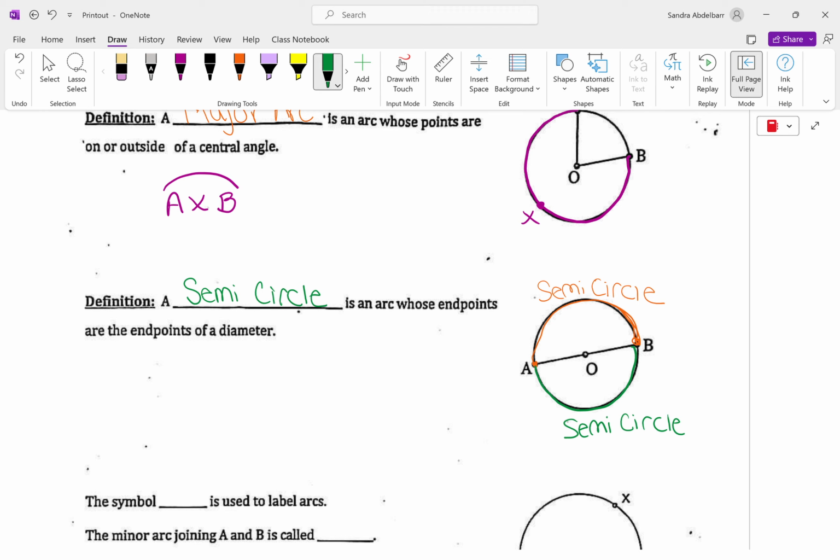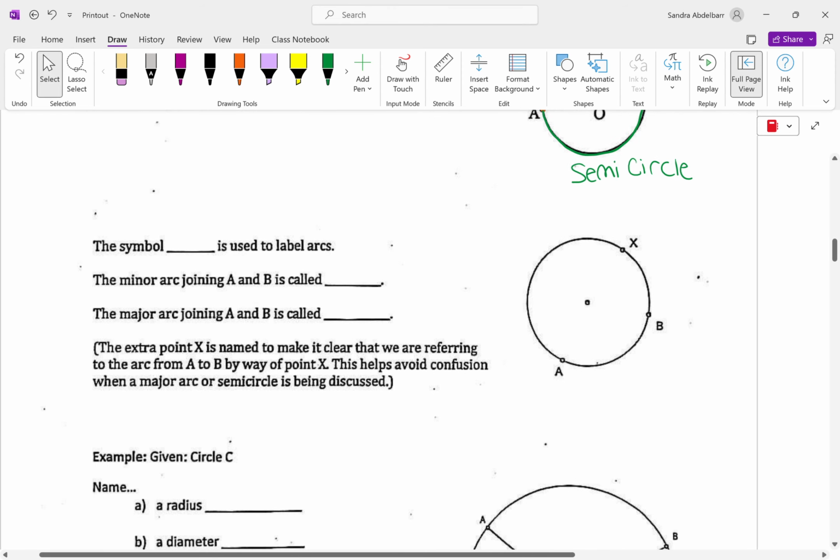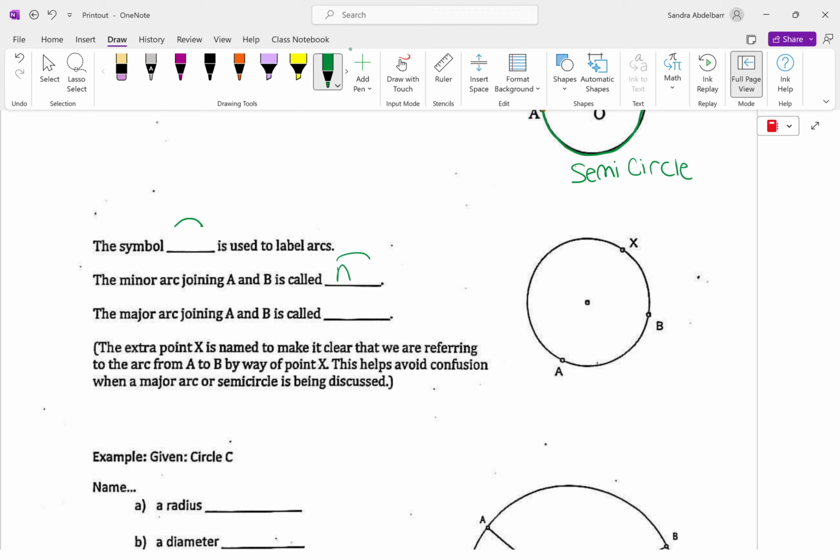It does not matter. All right, so we already spoke about this. The symbol is used to label arcs. The minor arc joining A and B is called arc AB. The major arc joining A and B is called arc AXB.